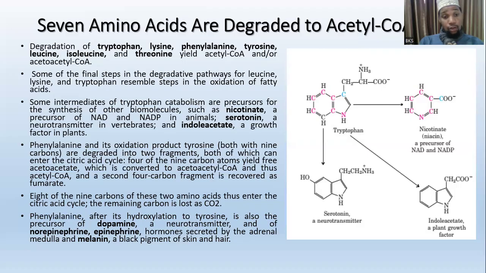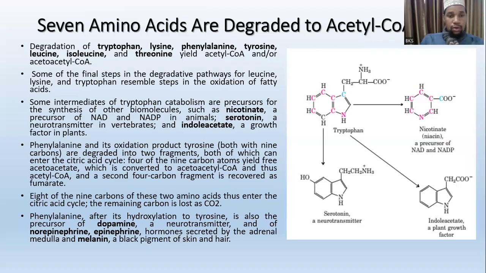Just like that, phenylalanine and tyrosine can also be used to produce dopamine, another neurotransmitter, and hormones like epinephrine and norepinephrine. They are also used to produce a skin and hair pigment called melanin, which is responsible for white skin or dark skin, white hair or dark hair.